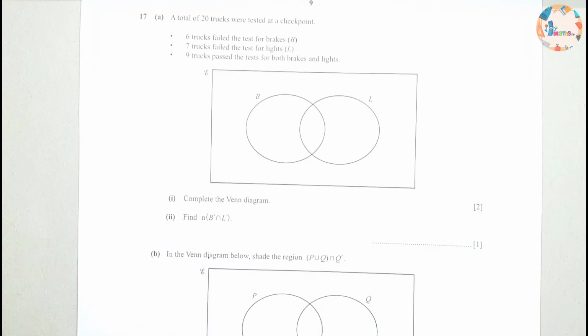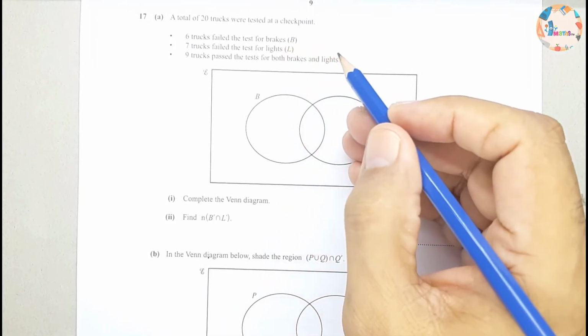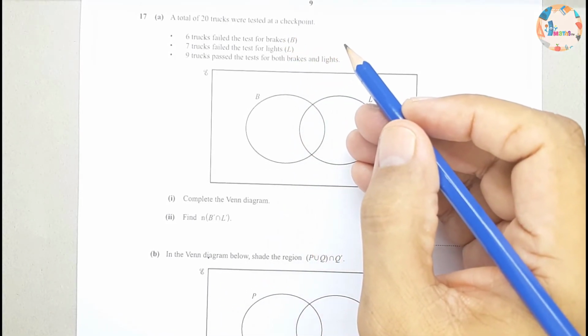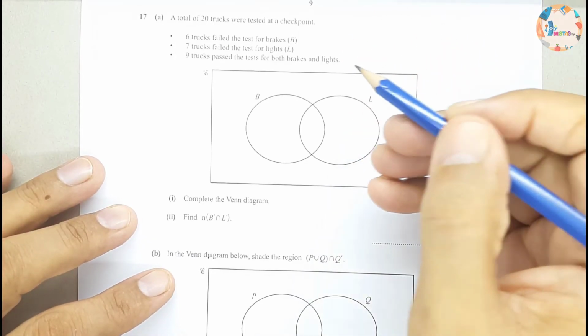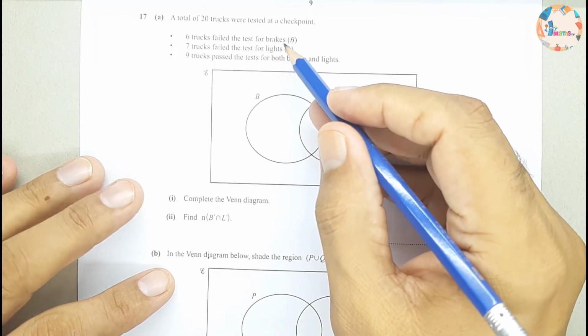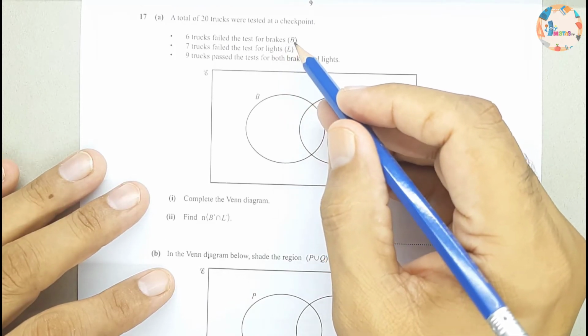Now we can switch to question number 17. A total of 20 trucks were tested at a checkpoint. 6 trucks failed the test of brakes.